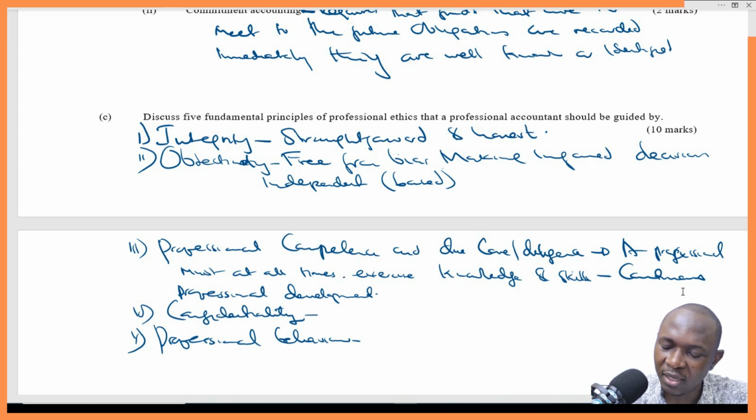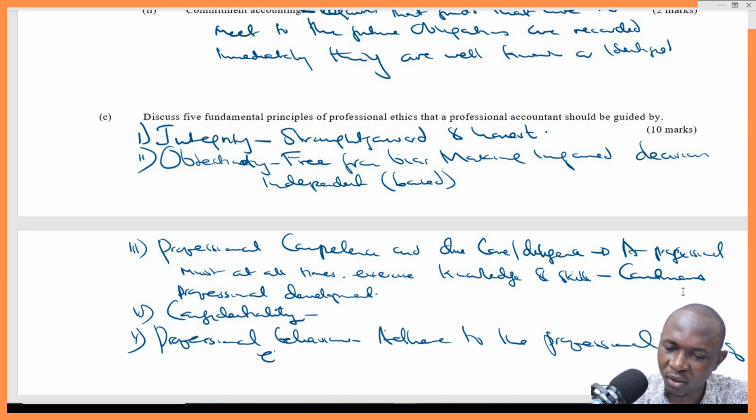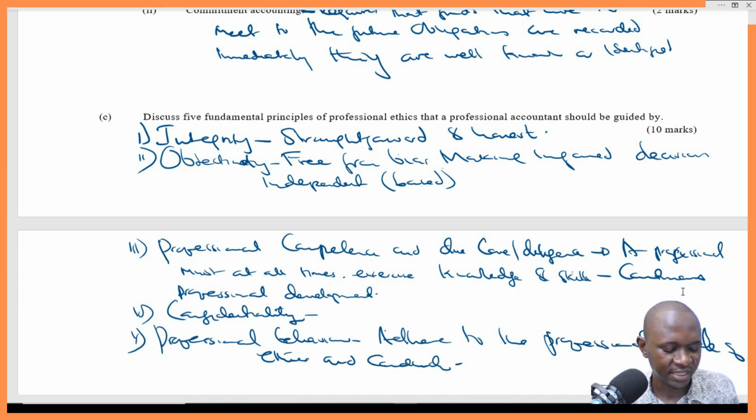So he should at all times adhere to the professional code of ethics and conduct, so that he doesn't bring about disrepute to the professional body that houses him.